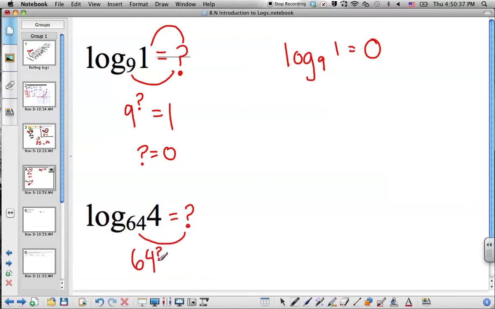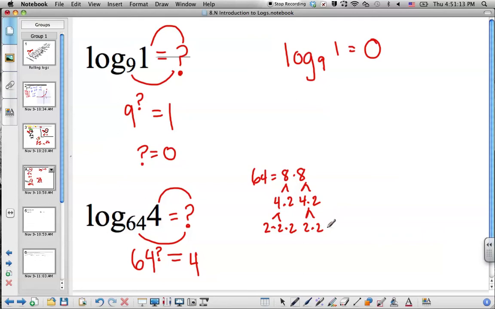Okay. So log base 64 of 4 is question mark. 64 to the question mark is equal to 4. Hard one. Do we want to do bases? Let's try it with the same base, right? We just practiced that over the last couple of days. So we know 64 is the same thing as 8 times 8, which is the same thing as 4 times 2 and 4 times 2, which is the same thing as 2 times 2 times 2 and 2 times 2 times 2.